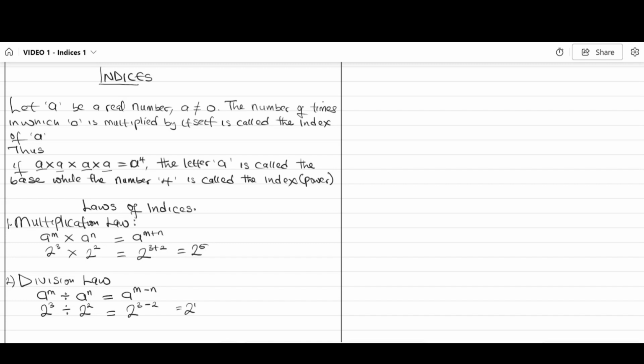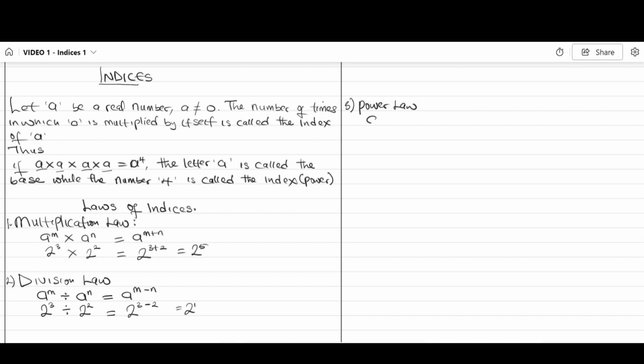The third law we have is known as the power law. The power law states that when you raise a number with an index to another power, you multiply the indices. So what do I mean by that?